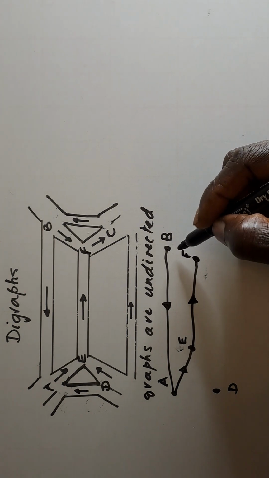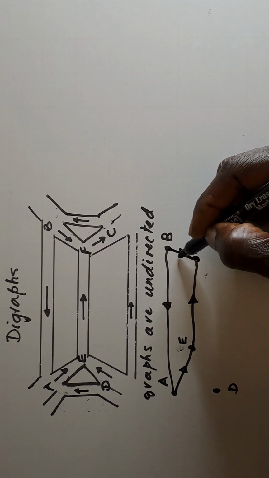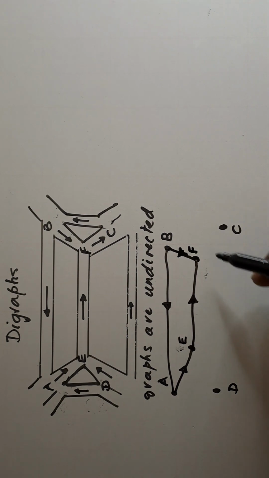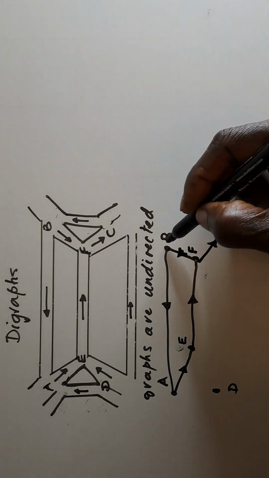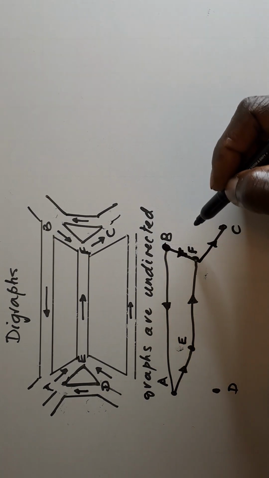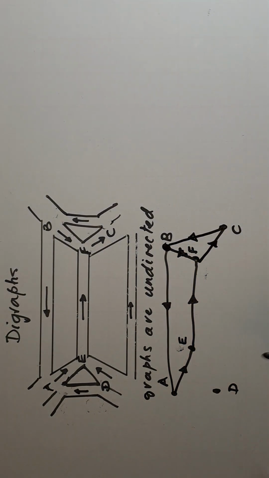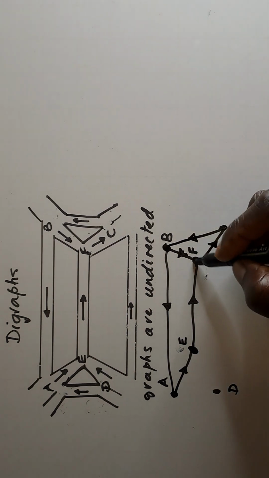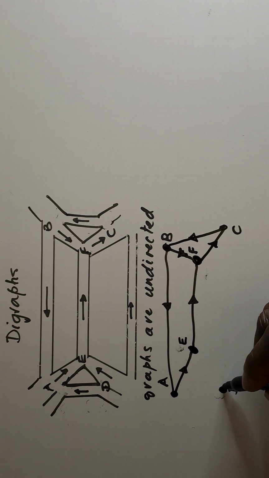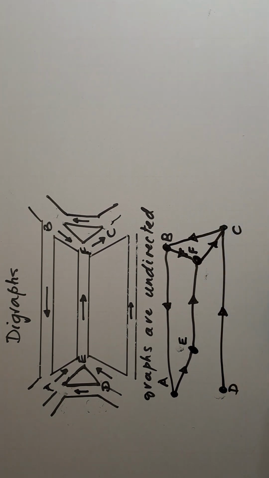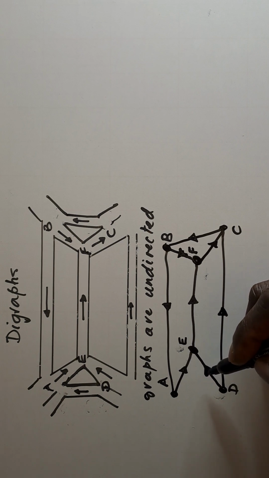We have from B to F, and in this direction, from F to C, and from C to B. We have an arc from D to C, one from D to E, another from D to A.